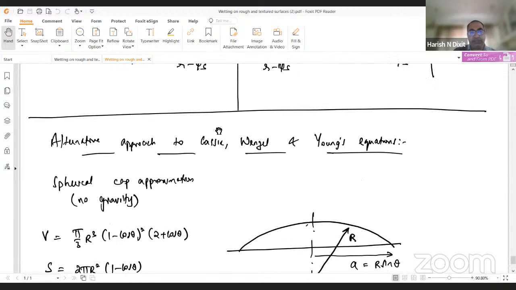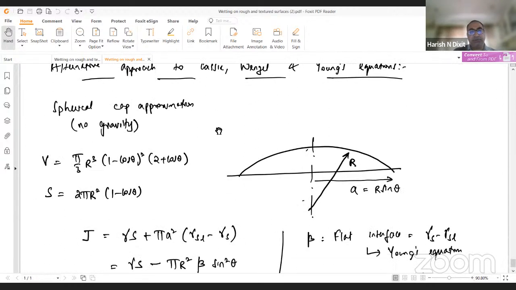We are only interested in doing this for cases where there is no gravity, because when gravity is absent, the minimal energy state of a droplet is directly the state where the surface area is minimized, because there is no other energy apart from surface energy. The surface area is minimized when the droplet assumes a spherical shape, or rather a part of a sphere. In this case we call it a spherical cap approximation.